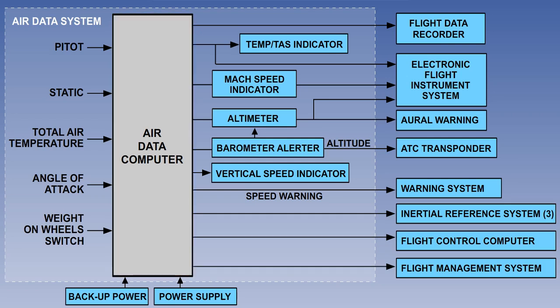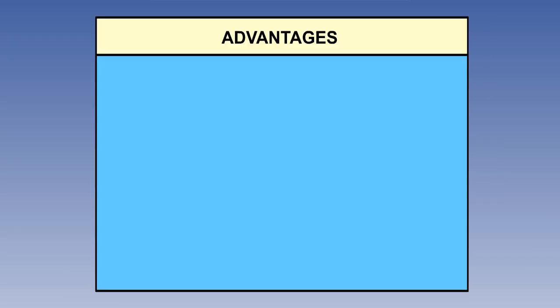So you can see that the air data computer is a central source of information for many other user systems, passing the information using digital electronics, not pitot and static pipes. The air data computer has many advantages over previous separate pitot-static instruments. One of them is an improvement in displays.